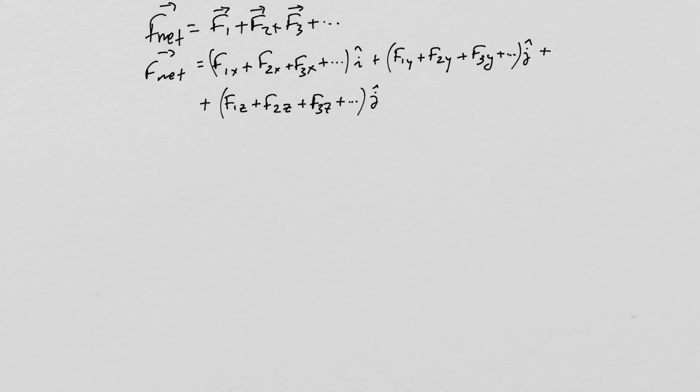Let's write this out a little bit more in detail to explain how the result in the previous slide was achieved. So first, the net force that acts on the object is just the sum of all forces that act on the object. So then I can rewrite this vector equation in unit vector notation, in which I have the sum of all x components, i hat, plus the sum of all y components, j hat, plus the sum of all z components, k hat.